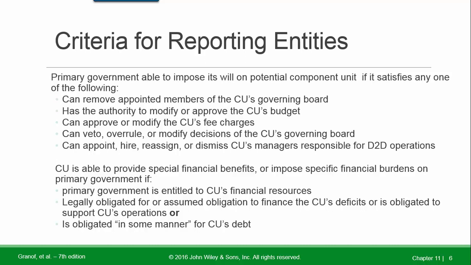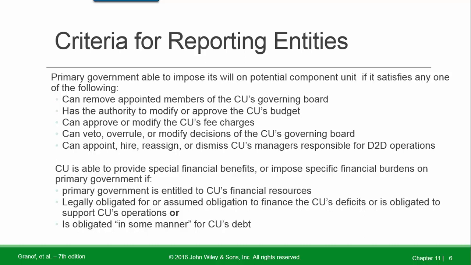Primary government is able to impose its will on a potential component unit if it satisfies any one of the following. The primary government can impose its will if it can remove appointed members of the component unit's governing board, if it has the authority to modify or approve the component unit's budget, if it can approve or modify the component unit's fee charges, if the primary government can veto, overrule, or modify decisions of the component unit's governing board, or if the primary government can appoint, hire, reassign, or dismiss the component unit's managers responsible for day-to-day operations.